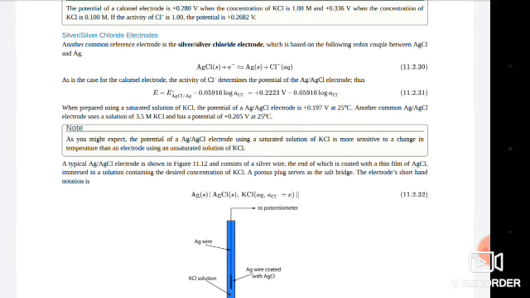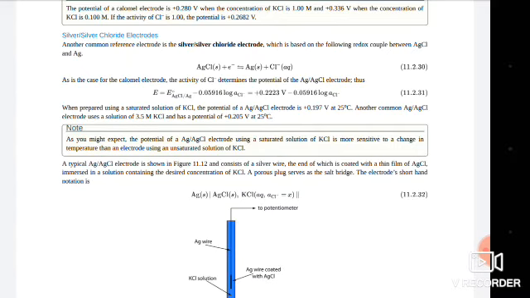When prepared using a standard solution of KCl, the potential of the AgCl electrode is plus 0.197 volt at 25 degrees Celsius, and another AgCl electrode uses a solution of 3.5 molar KCl and has a potential of about plus 0.205 volt at 25 degrees Celsius.